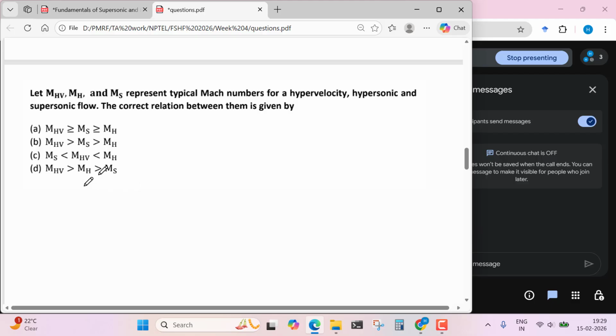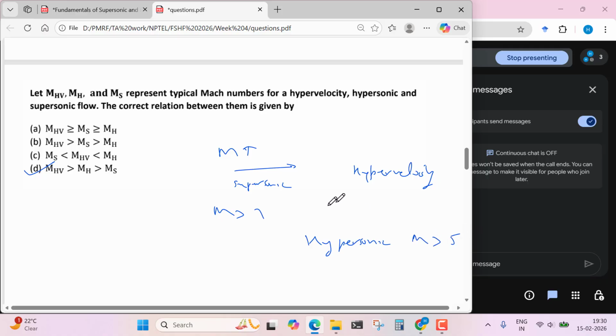D is the correct one, because Mach number increases from supersonic to hypervelocity. Supersonic is Mach number greater than 1. Hypersonic is for Mach number greater than 5, and hypervelocity is very high Mach number. So that's why MHV is greater than MH is greater than MS.